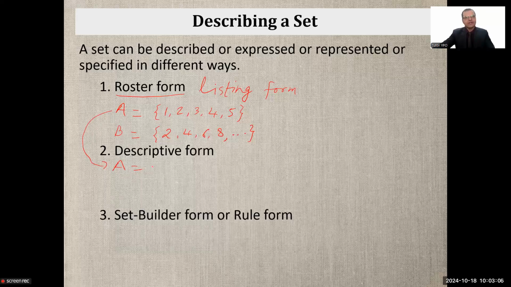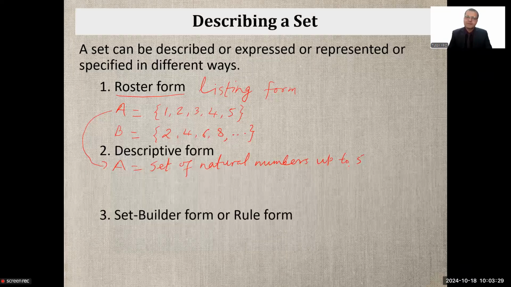So we can write A is a set of natural numbers up to 5. Or we can also say set of natural numbers less than 6. Or we can say set of natural numbers from 1 to 5.